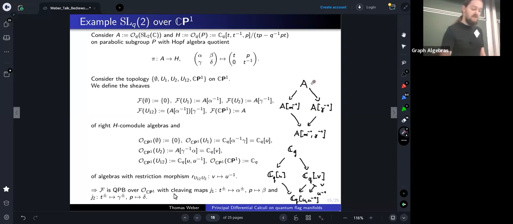And on A, globally, you have only the trivial ones, so you don't have any non-trivial invariant functions. Good. This shows that this is a sheaf and that on any open, you get the correct invariant functions. Furthermore, this is a quantum principal bundle.